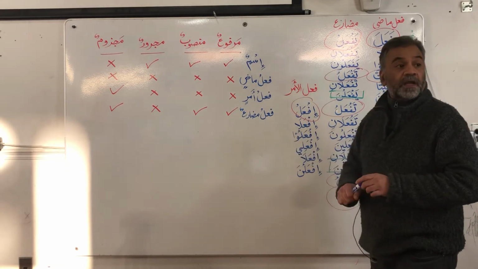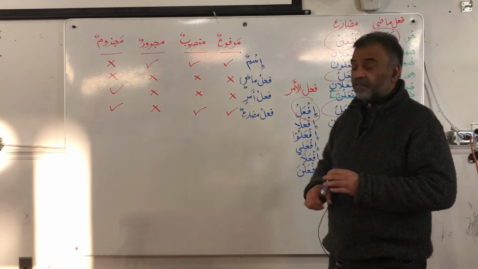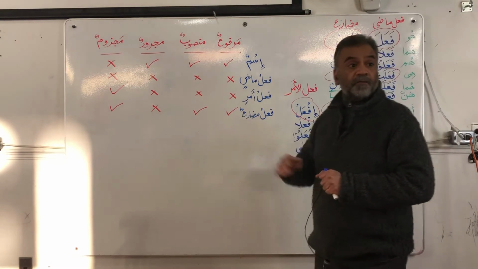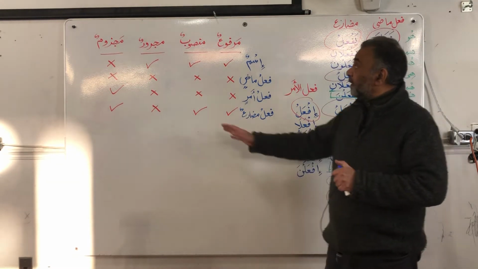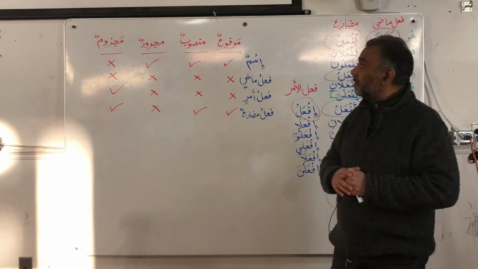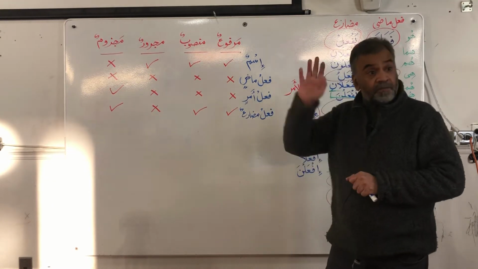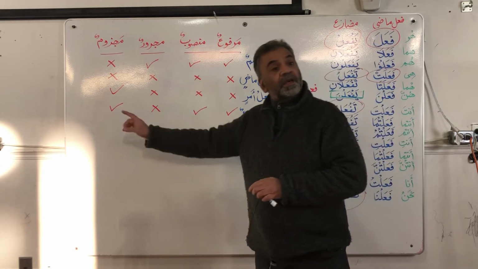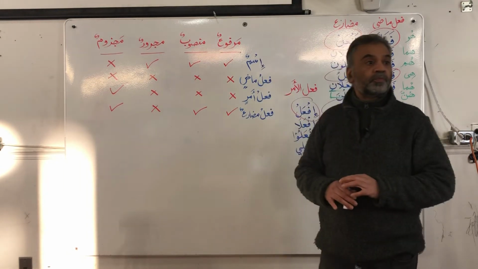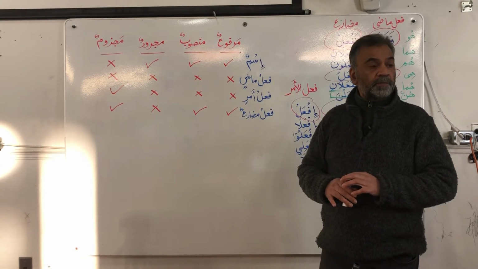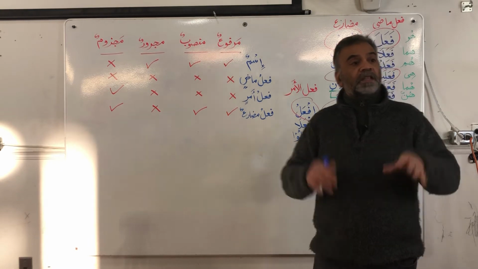Then comes fi'l mudare, present tense. They can be marfu, they can be mansoob, they can never be majroor, but they can also be majzoom. Okay, that's important. Now, madi is easy.